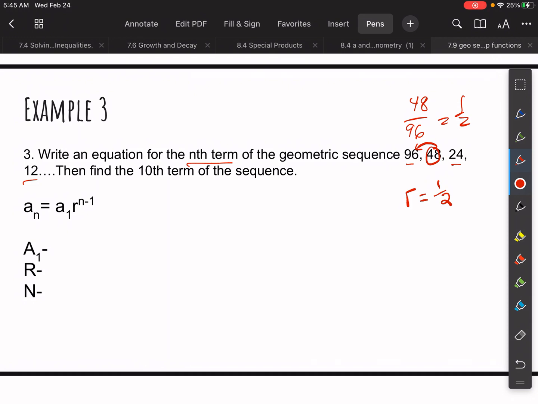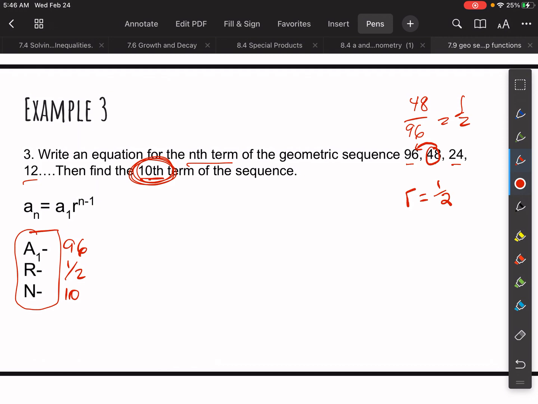Now, they want us to come up with the nth term equation, and then they want us to find the 10th term in the sequence. We need three pieces of information to come up with our equation. A1 is 96. R we just found, which is 1/2. N in the second case will be 10 when we eventually do it, but for now we'll leave it in terms of n.